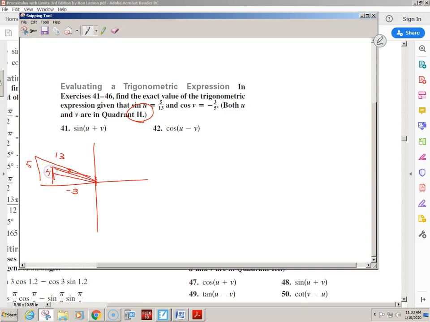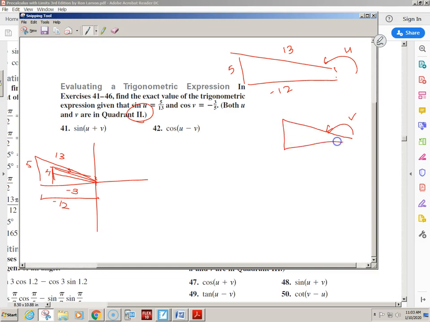This one can be a 4, this one can be a negative 12. It might be easier for some of you to do these separately. You could have your 13 and your 5 and your negative 12, and that would be your U, and then this one could be your V with a negative 3 and a 4 and a 5.